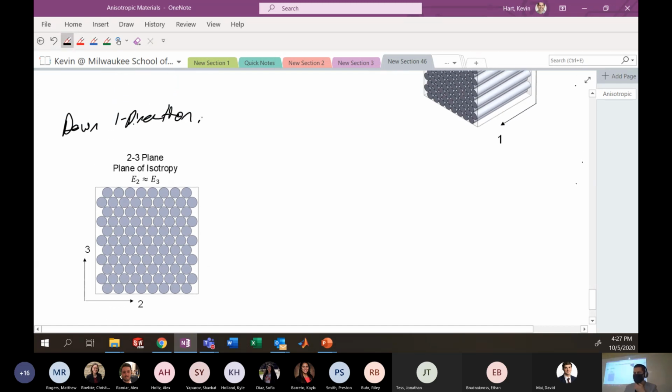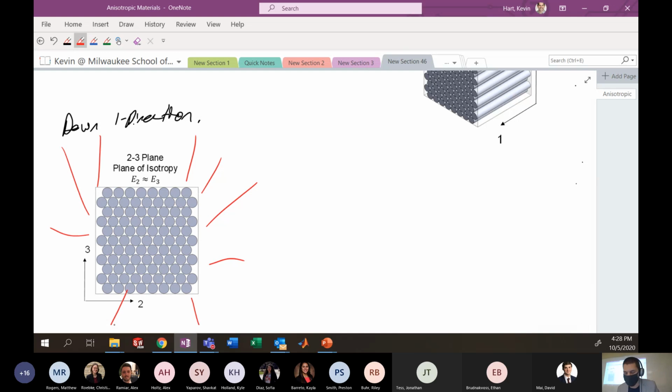The 2-3 plane, you have this plane of isotropy. And that is that the modulus in the 2 direction is approximately equal to the modulus in the 3 direction, approximately equal to the modulus in this direction, this direction, this direction, and wait for it, this direction. Okay? So you get the idea. Regardless of how I load this particular plane, the modulus in the 2 direction equals the modulus in the 3 direction. I think that's pretty easy to see. This is a plane of isotropy.